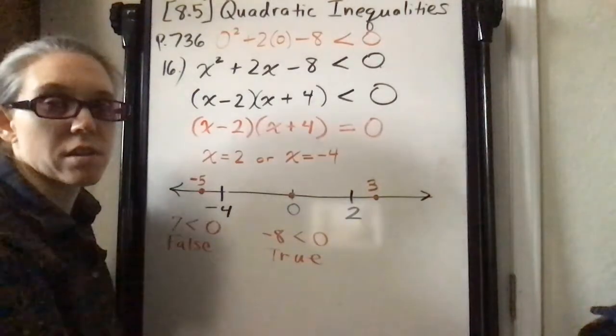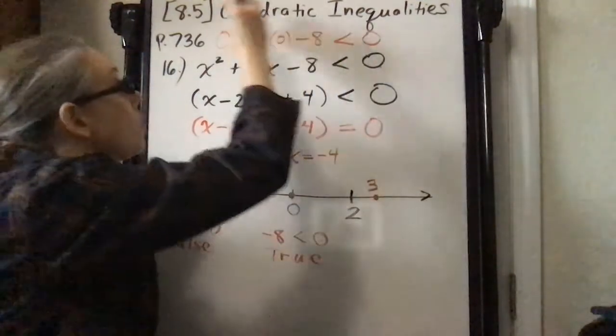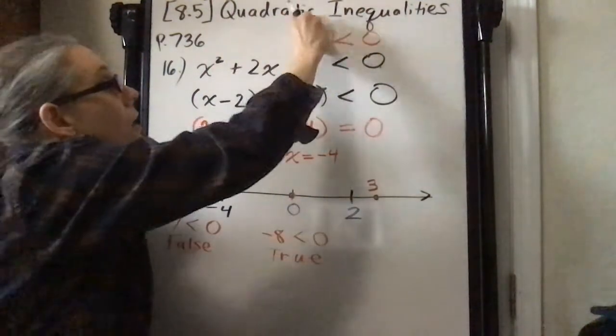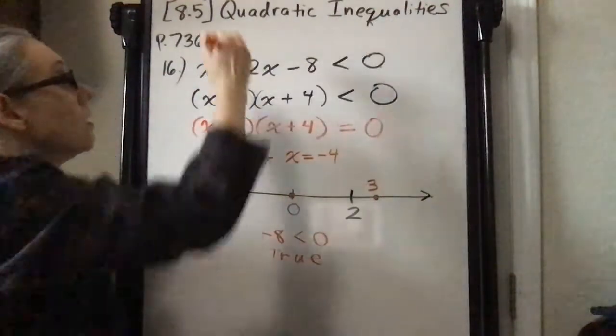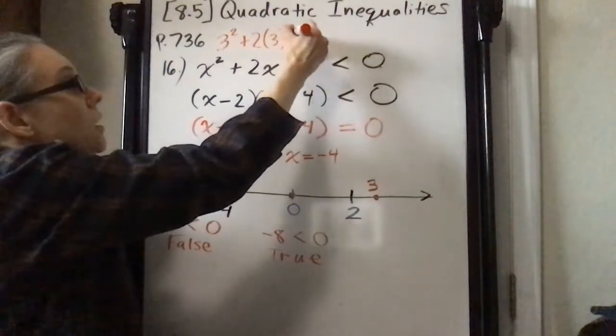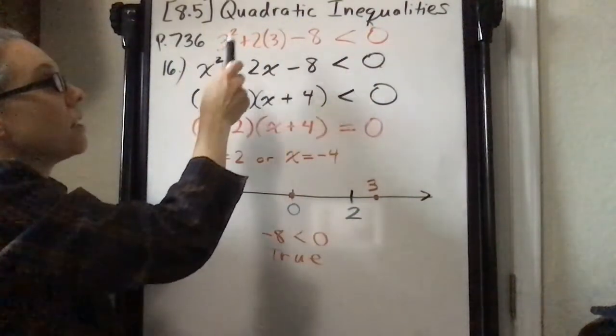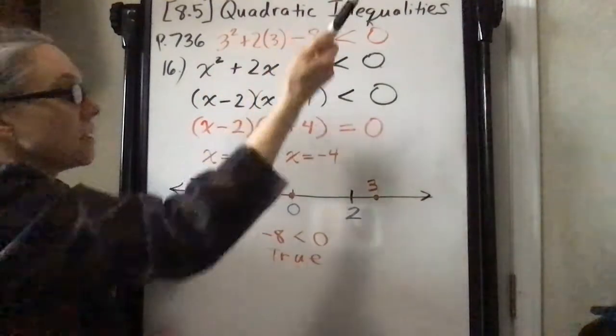Okay, now we try this again with 3. 3 represents the region over here. So 3 squared plus 2 times 3 minus 8 less than 0. That's 9 plus 6 is 15 minus 8 is 7.